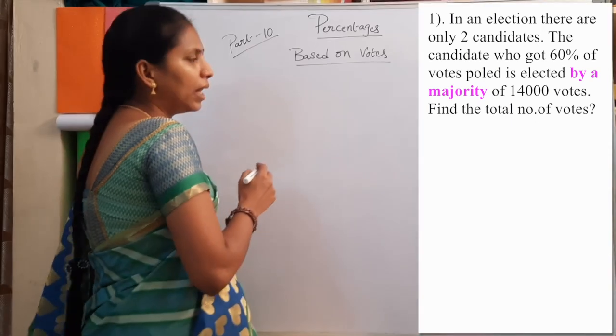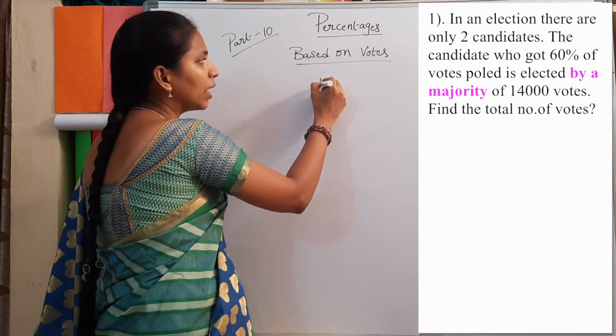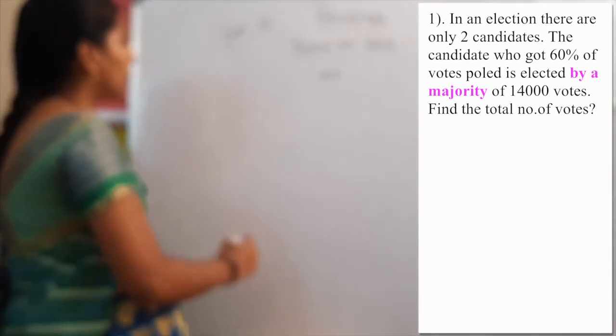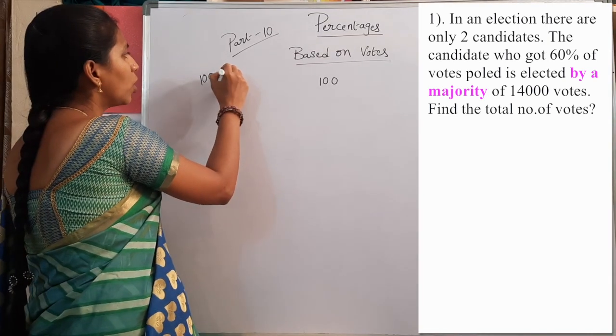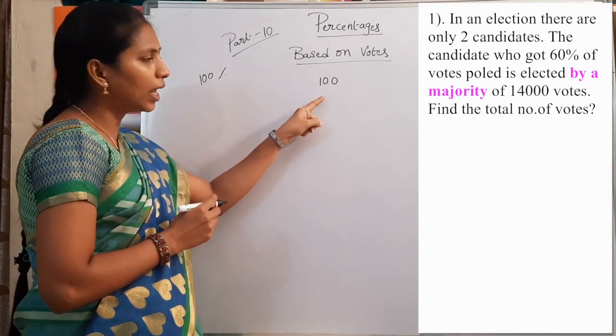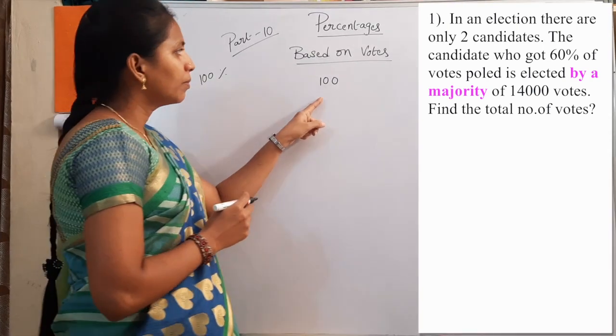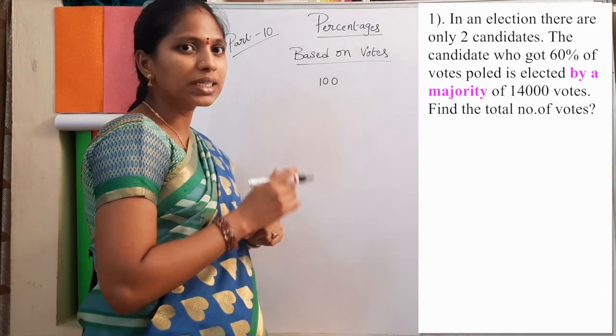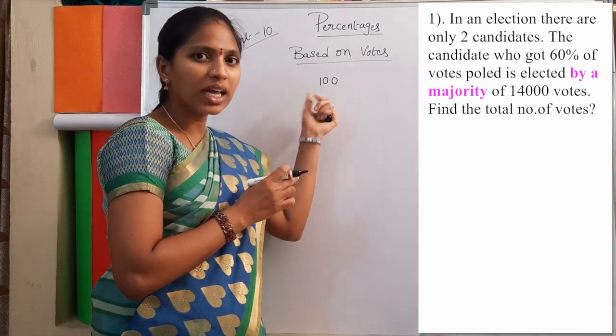For this example, I want to take the total number of votes as 100. You can take 100% also, either 100% or 100, but I want to take 100 as the base value. That means the total number of votes is 100.